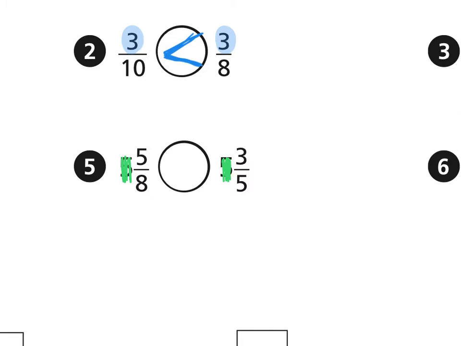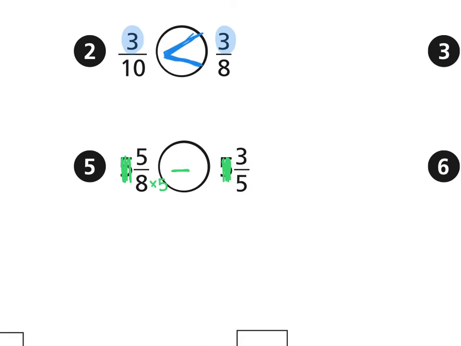You do 8 times 5. Whoa! Why did you do 8 times 5? Because you need to know which one is bigger. I'm trying to find a denominator for both of them, right? So I know that I can multiply the 2 denominators.